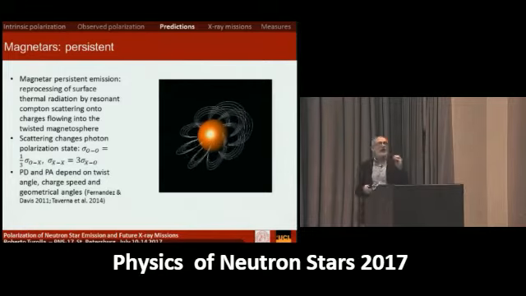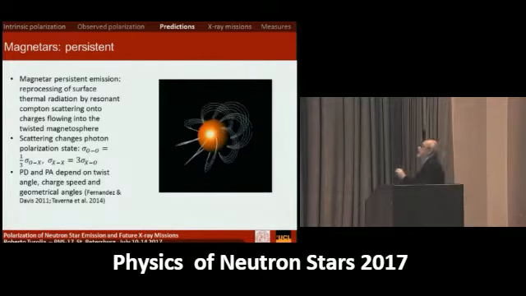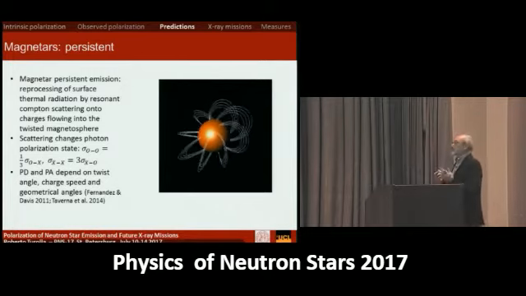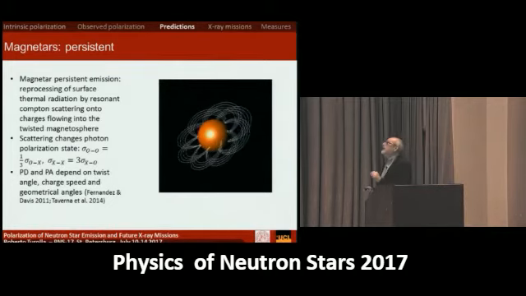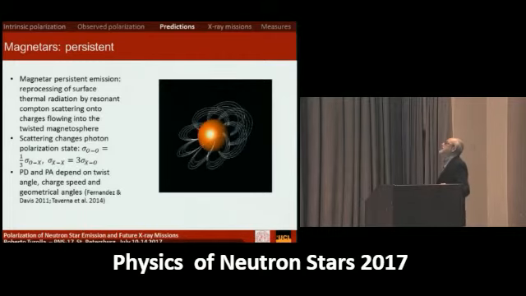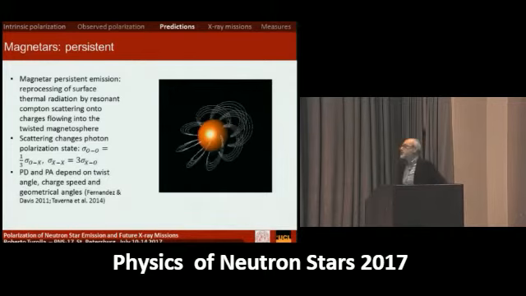Of course, we can guess the initial polarization of radiation by selecting a model for the surface emission of the magnetar, although this is still far from being a settled issue. But there is also another point here: the resonant scattering by the electrons circulating in the magnetosphere will change the polarization state of the photon.